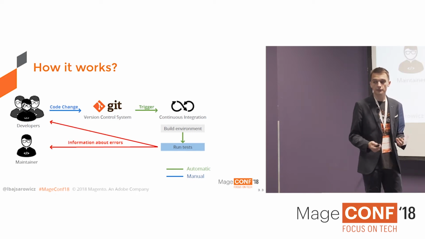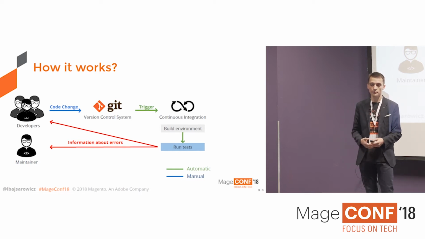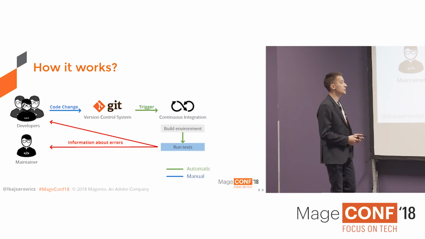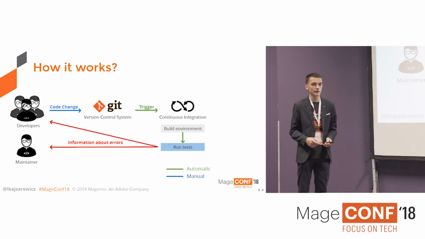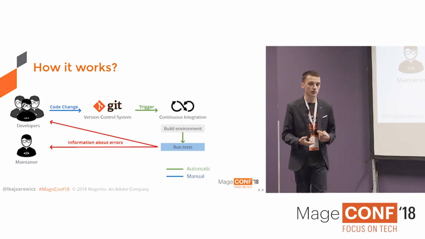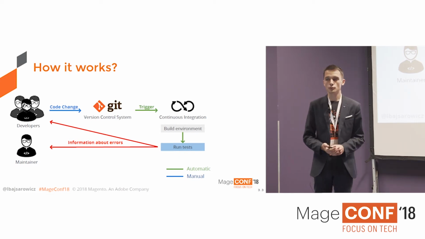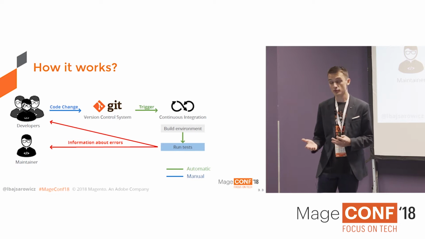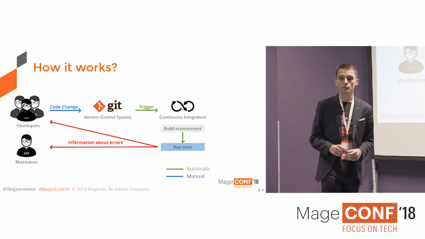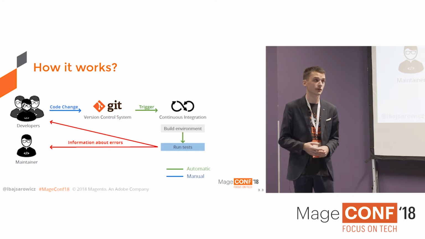And if our development has failed, if the code is not working properly, you will get very quick feedback about the issues with your code: what is broken and what the conditions are. If you look into the Magento 2 repository, you can see the .travis file, which is the configuration for one of the tools used for continuous integration.